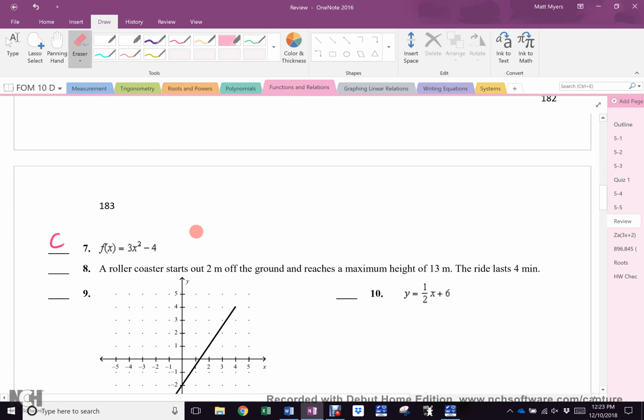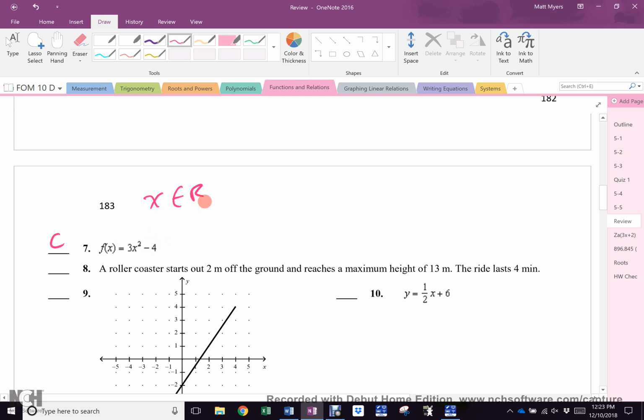But I would like to take a moment to explain why. It's very easy to see why the domain is all real numbers, because you can take any number in the universe, square it, multiply it by 3, and then subtract 4 from that answer, can't you? That is why X is everything.